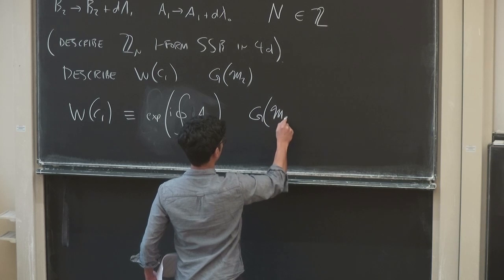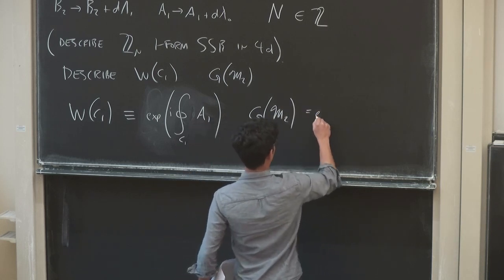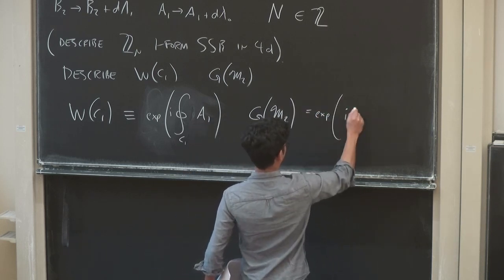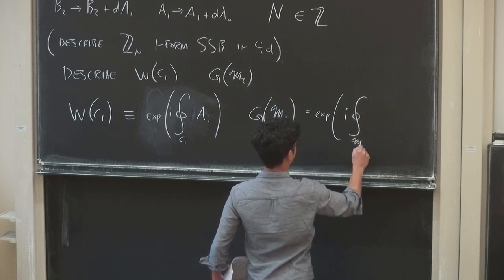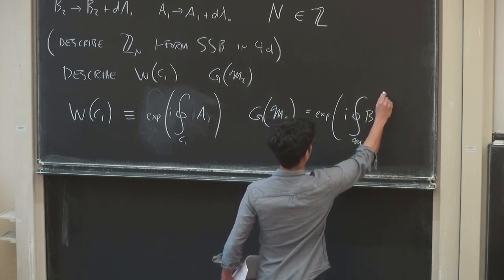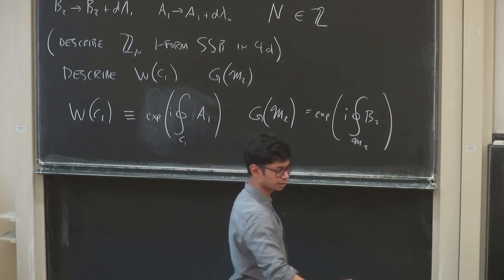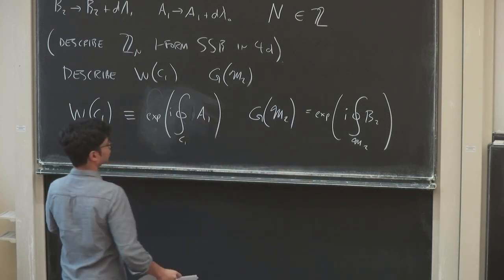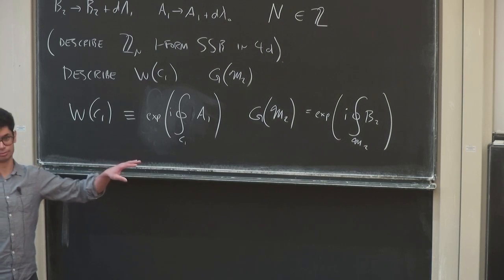And G of M2 is similarly the exponential of i times the integral of B2 over M2. Okay? This should seem very natural.